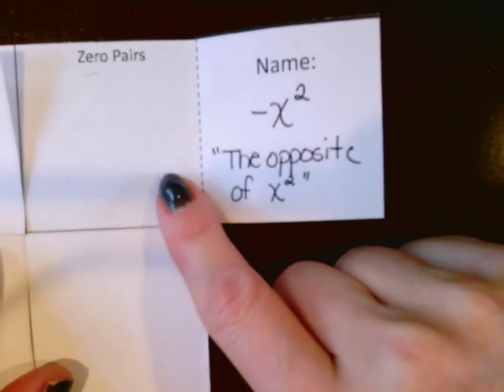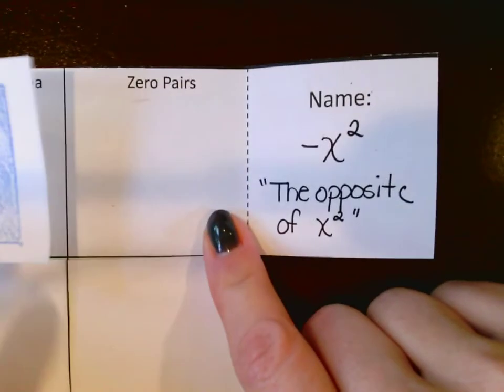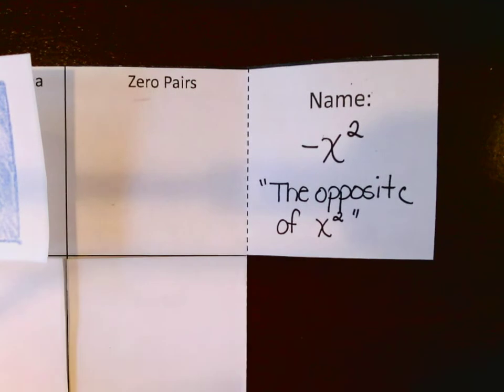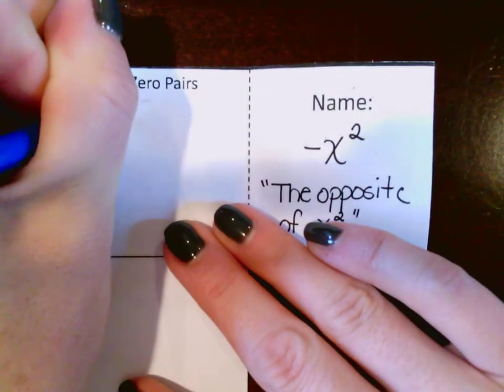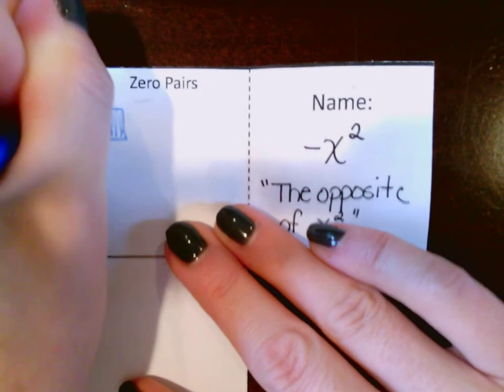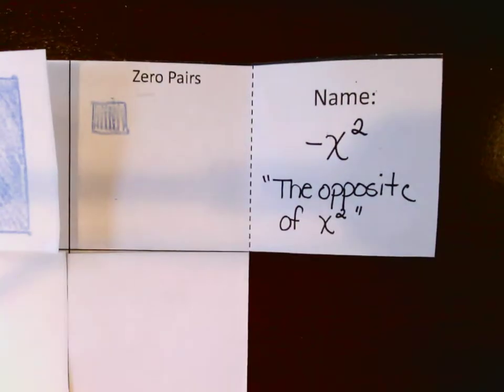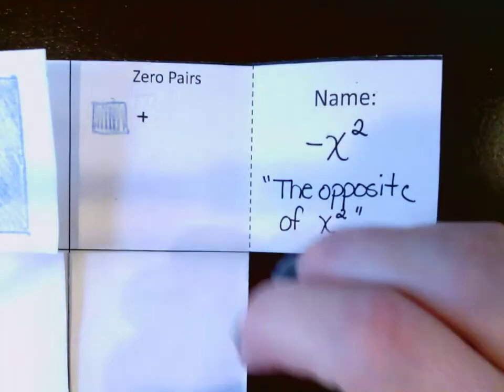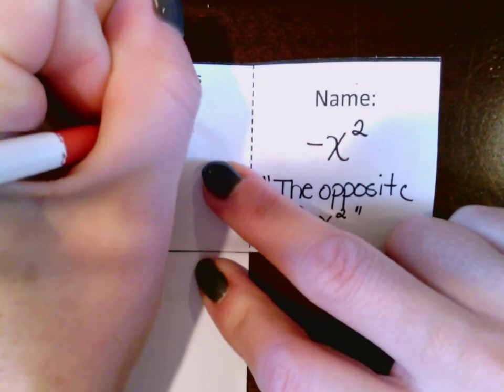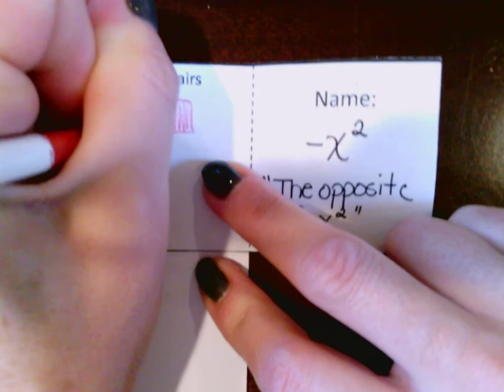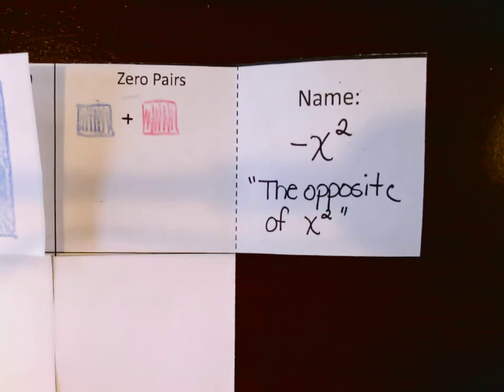So in this box where it says zero pairs, we're going to draw a zero pair of an x squared and its opposite. So we'll go back to our blue colored pencil. So there's an x squared. So if we add an x squared and its opposite, so the opposite of an x squared, that is a zero pair.